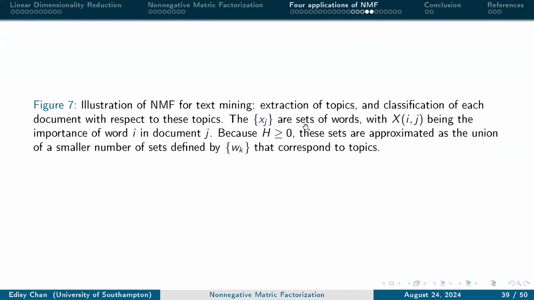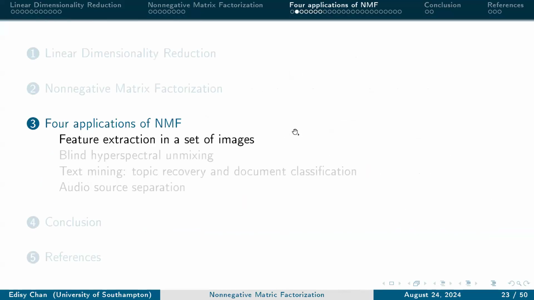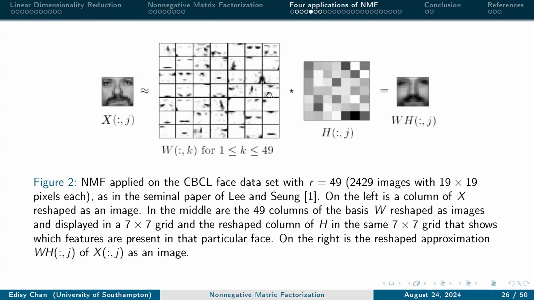Oh, so you mean the first one? The feature extraction, right? This one, right? So basically we can look at this example.